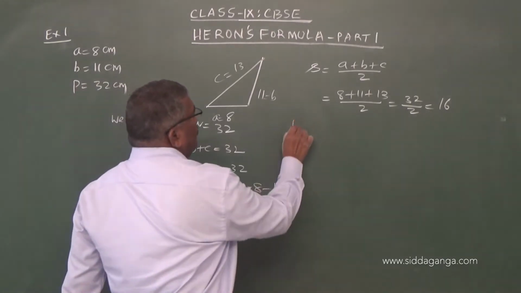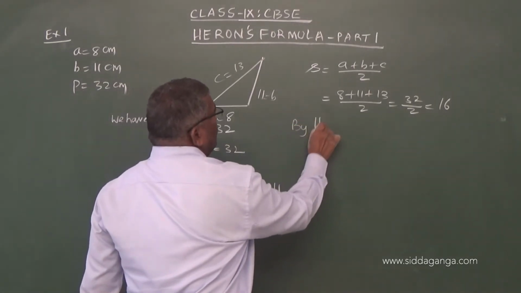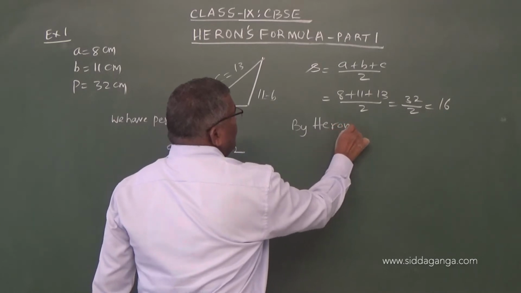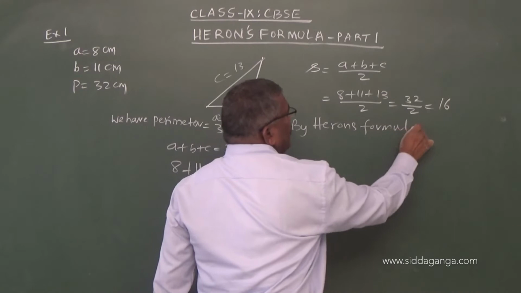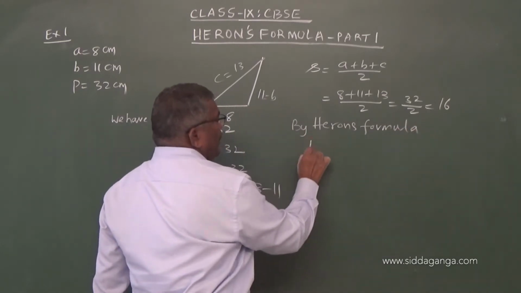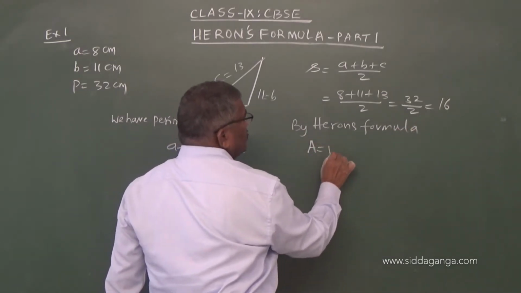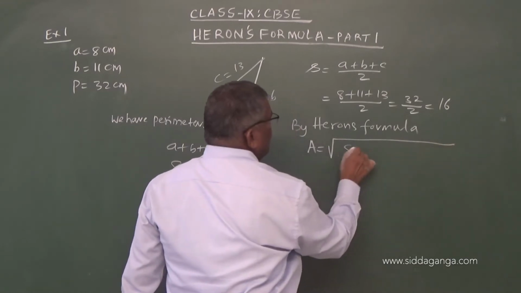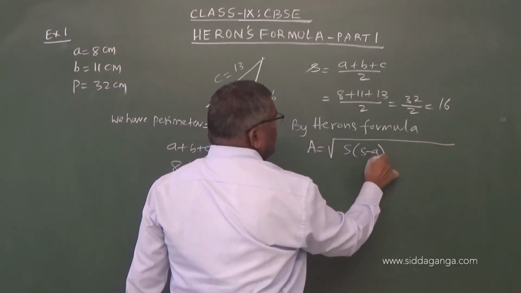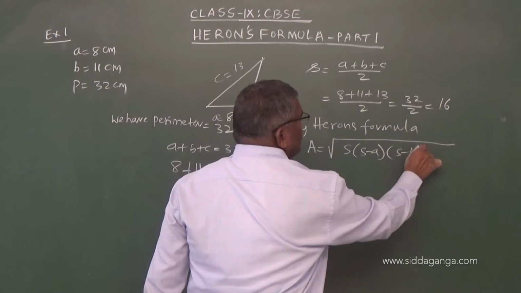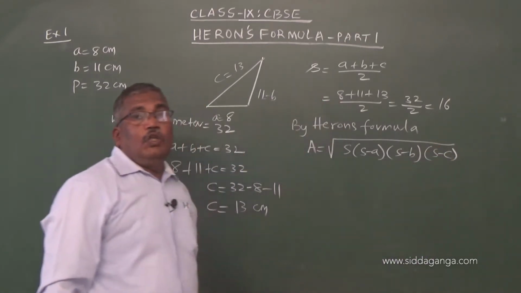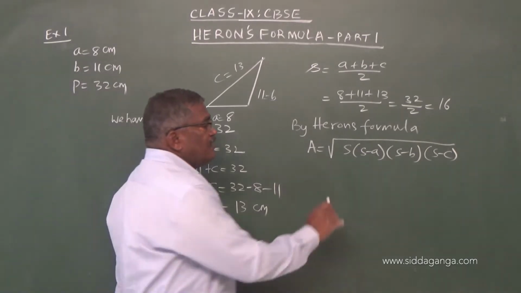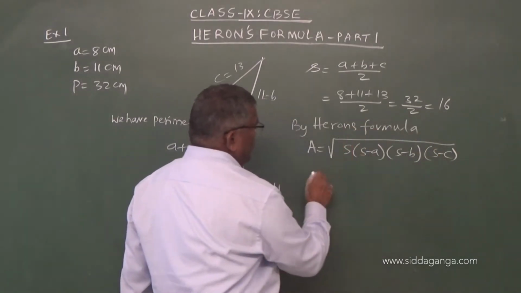So now by Heron's formula, we have area equals square root of s into s minus A into s minus B into s minus C. No plus or minus inside, all product.